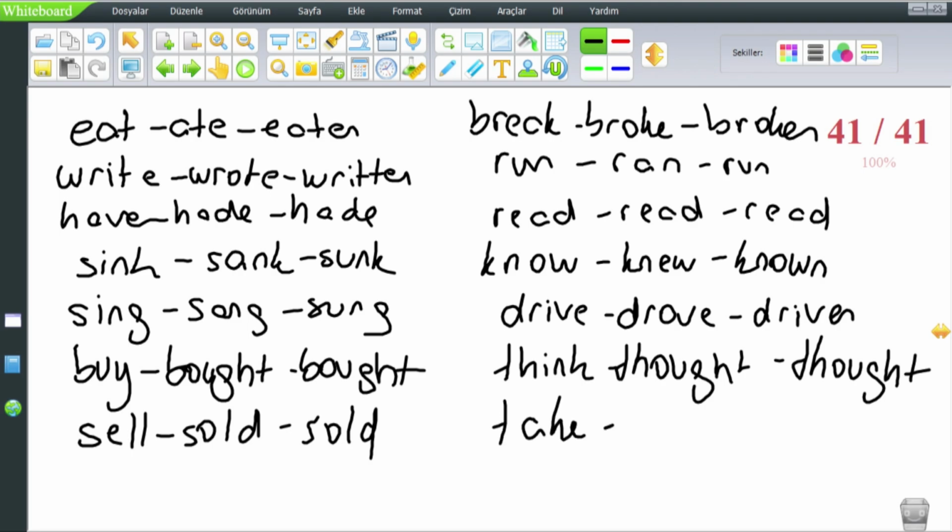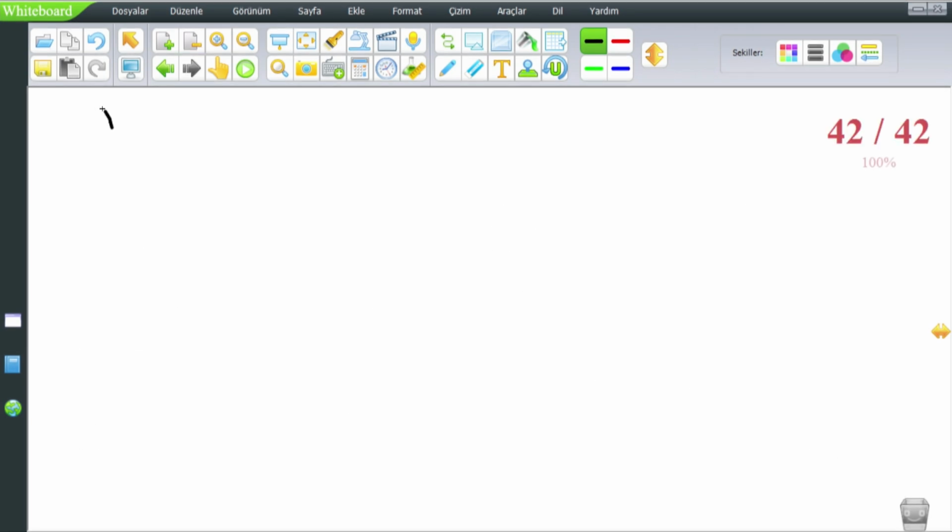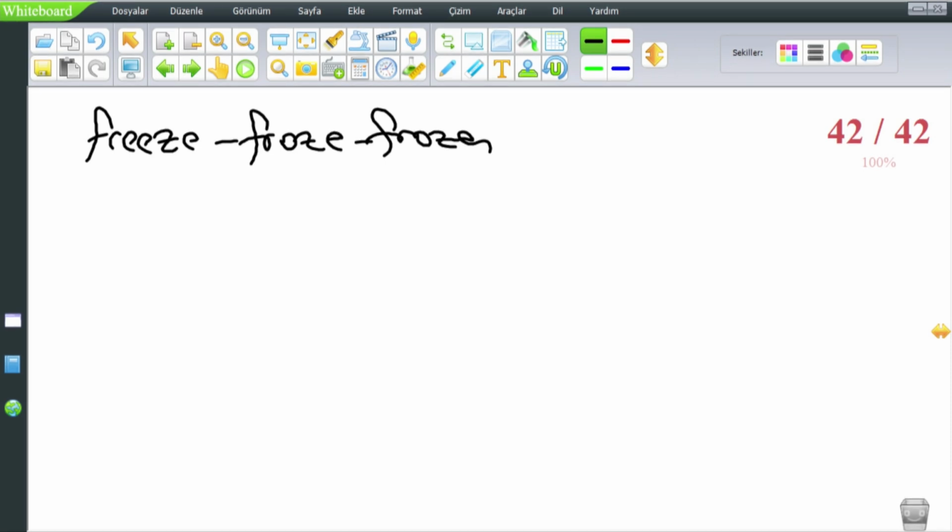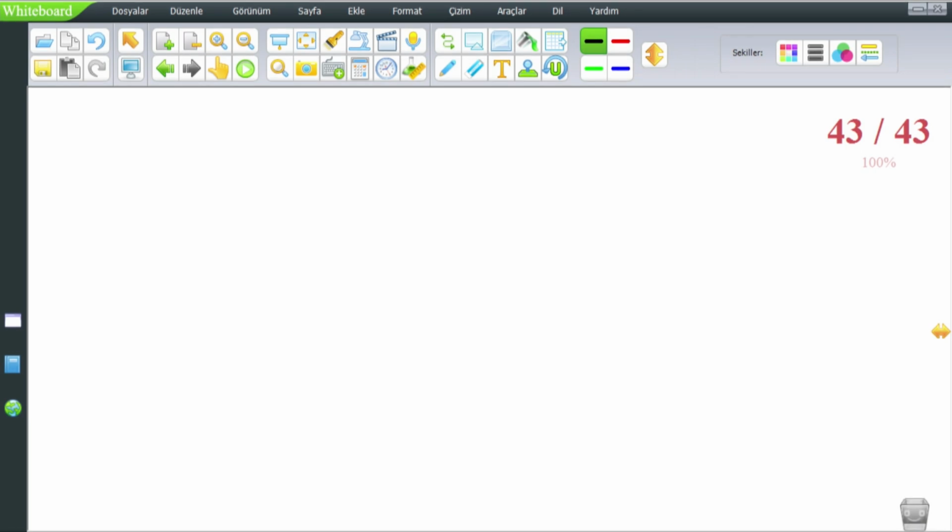Take, took, taken, for example. Freeze, froze, frozen. So these are really important for you to learn and memorize because you will need them in every aspect of English. So let's go back to past perfect.